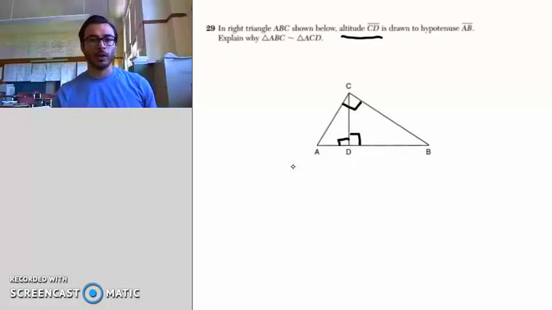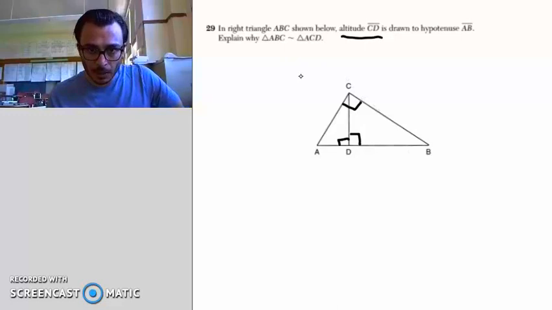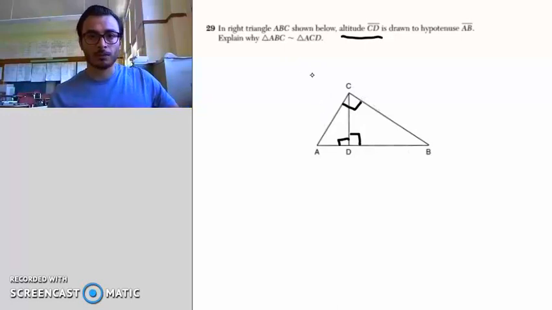So we got three triangles there, three right triangles. Okay, this is my approach to this problem. Let's start off with triangle ACD, the little triangle. That's this triangle right here, triangle ACD.